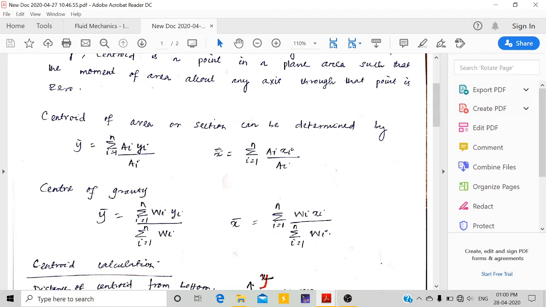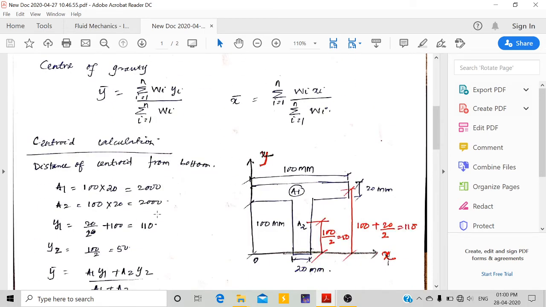Similarly y bar equals the summation of ai yi divided by the summation of ai, where ai is the area of that section and yi is the centroid of that area from the global x-axis. So in center of gravity our weight comes into the picture, and in centroid our area comes into the picture. So let us find out with an example.